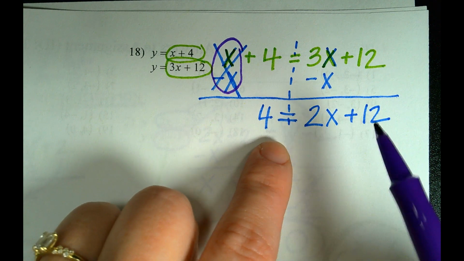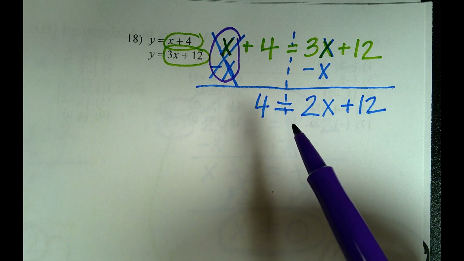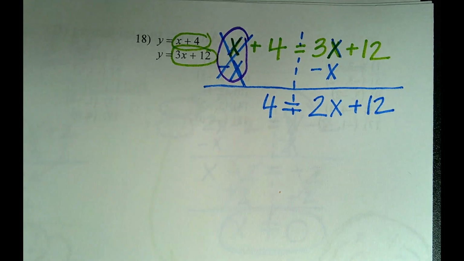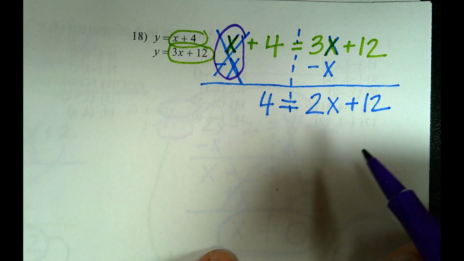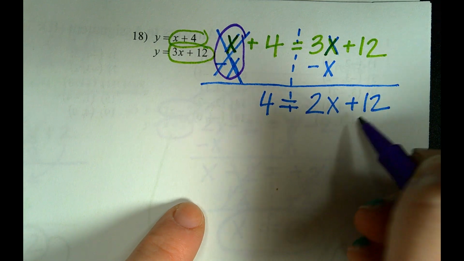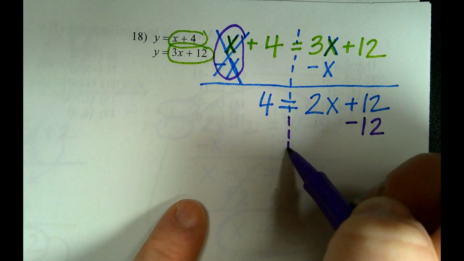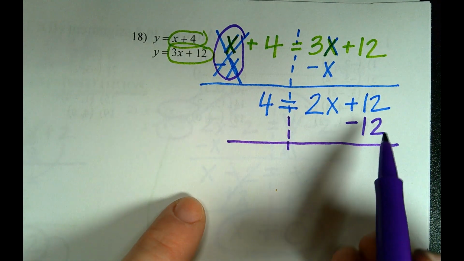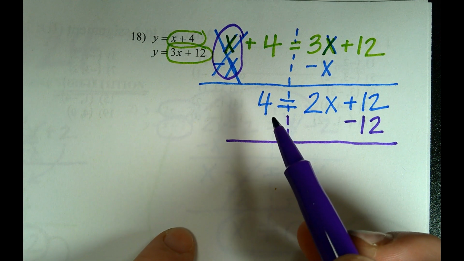That wouldn't help us. So looking over here now, 4 equals 2x plus 12. What would my next step be? Minus 12. Perfect. And remember, if I do something on one side of my equation, I've got to do the same thing on the other side as well.